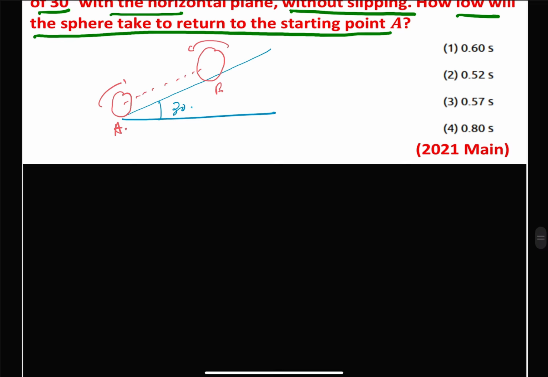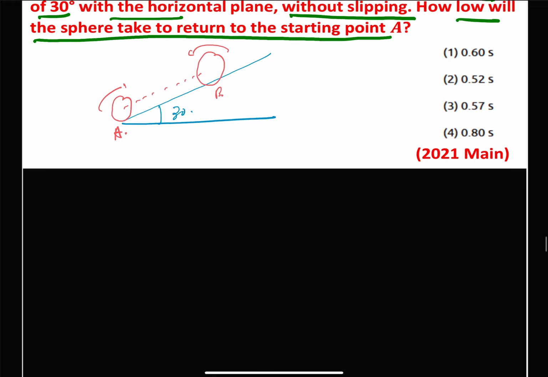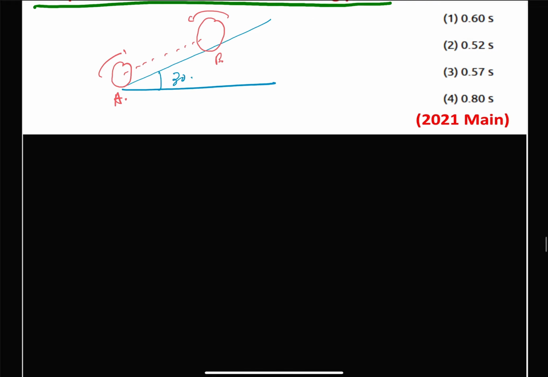So here once again we are going to find out the acceleration of the sphere, using the same formula which we derived. We have to remember that it is a sphere rolling without slipping down the inclined plane.